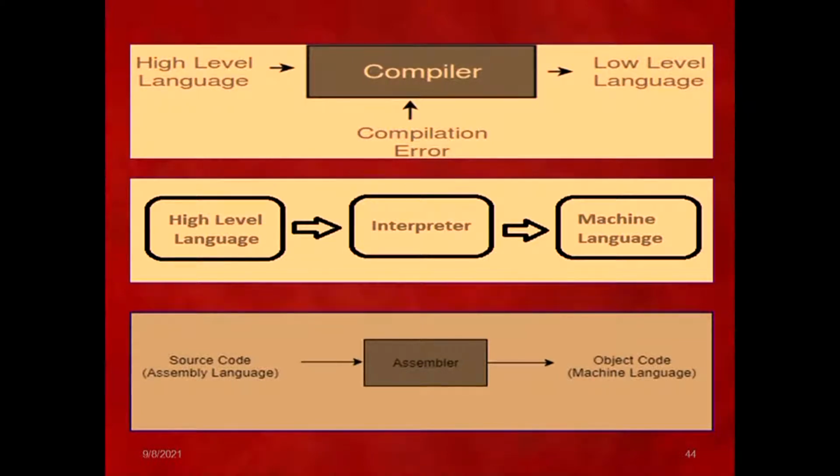Compiler and interpreter translate from high level language to low level language, whereas an assembler translates the source code into the object code, or we can say it converts the assembly language into machine language.